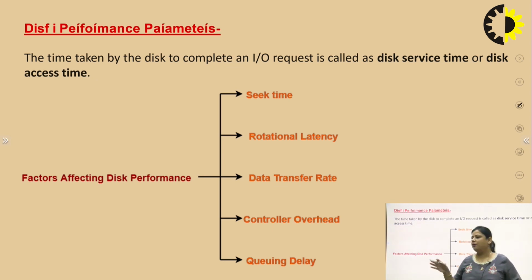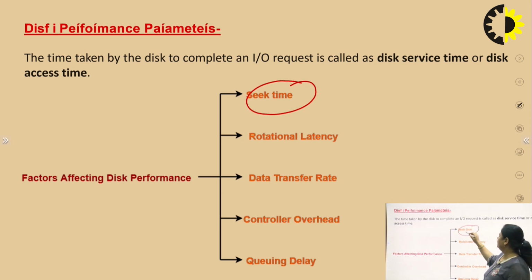With the help of these parameters, we can identify the algorithms used for disk scheduling, which are also called disk scheduling algorithms, and the purpose of a disk scheduling algorithm is to reduce the total seek time. So what is the main purpose? The purpose is to reduce the total seek time.